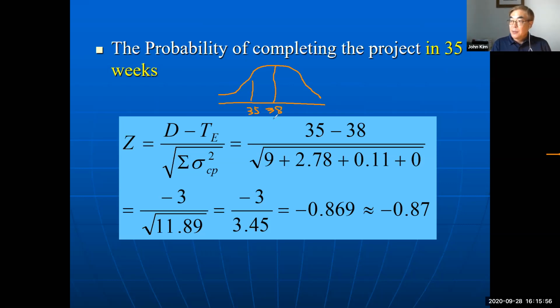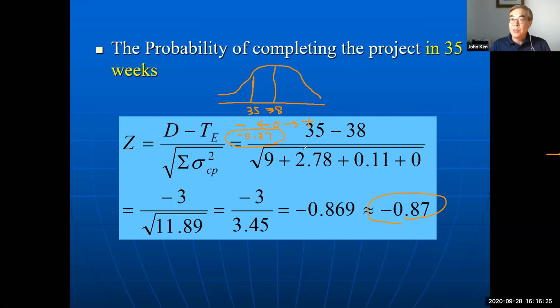The z-score for the mean is 0. And then this left side is negative, and the right side is positive. On this boundary, the z-score is this one, negative 0.87.